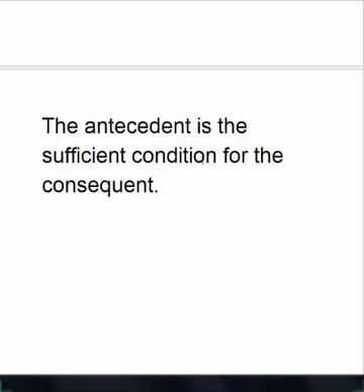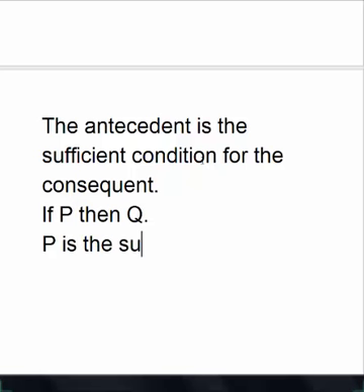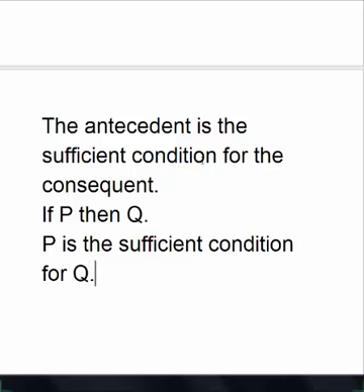Okay? So P in if P then Q is the sufficient condition for Q. And what that means, being a sufficient condition, is that if we know that it's true, then we know that whatever it's a condition for is true as well.